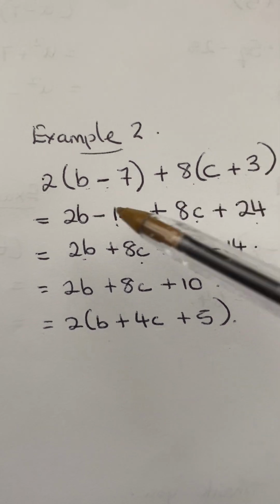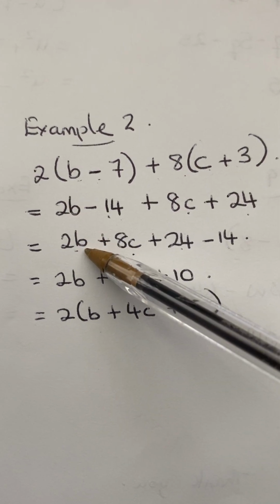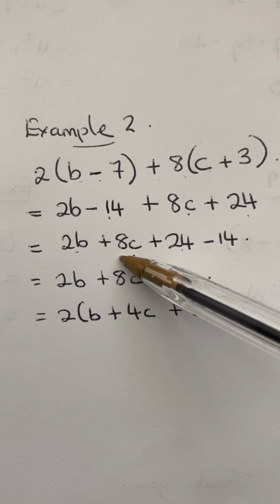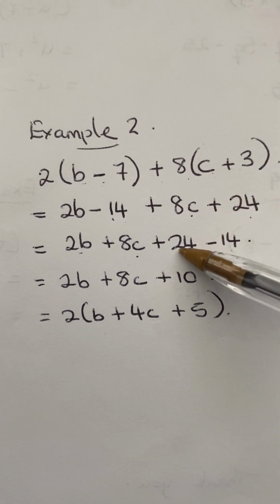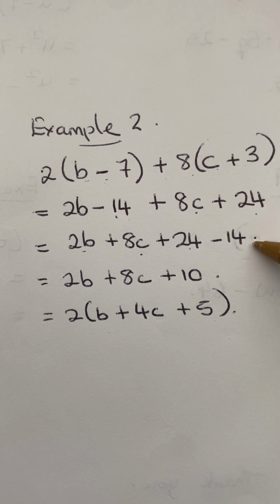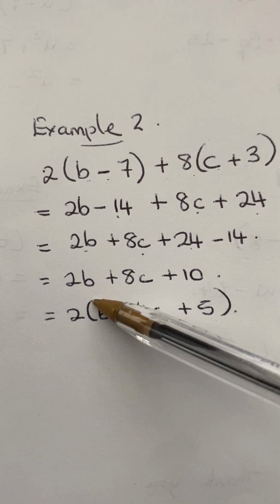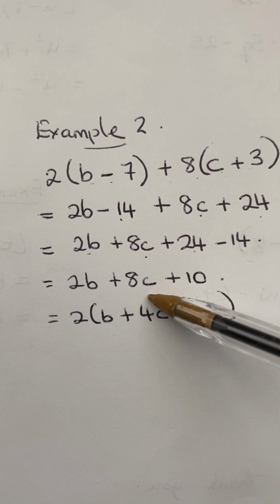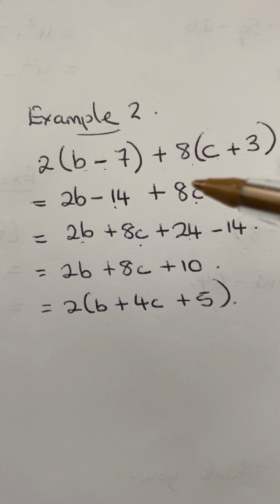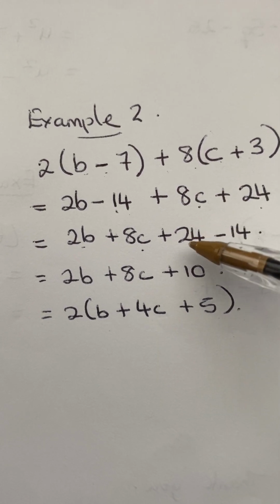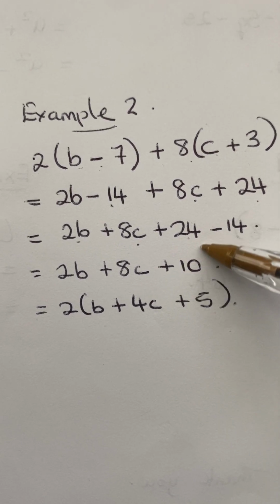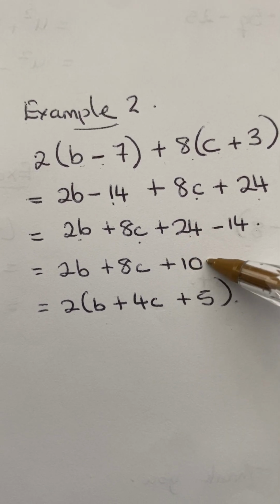So now 2b, add 8c, add 24, minus 14. We can't add b and c because we don't know what they are. But 24 minus 14 are whole numbers, so when you do that, you get 10.